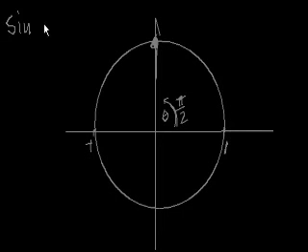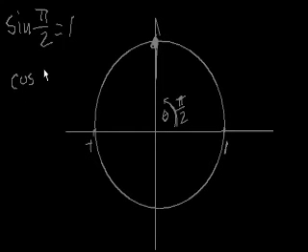Let's use the angle pi over 2. Theta equals pi over 2 is right here. It's a 90-degree angle if you wanted to use degrees. Now we just figure out where it intersects the unit circle, which has a radius of 1. So sine of pi over 2 equals the y coordinate where it intersects the unit circle. So that's just 1.